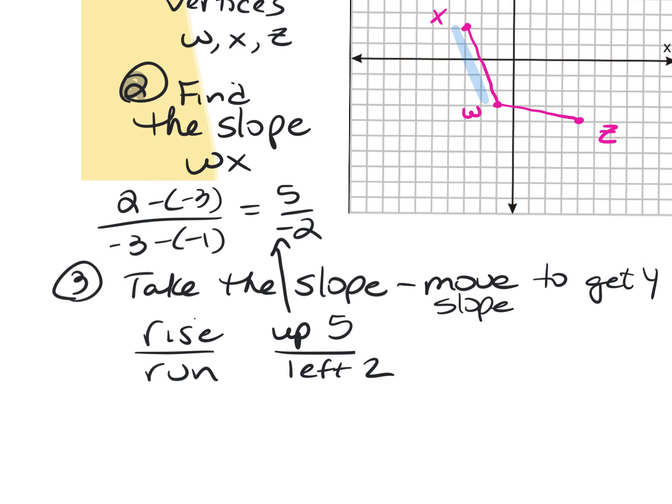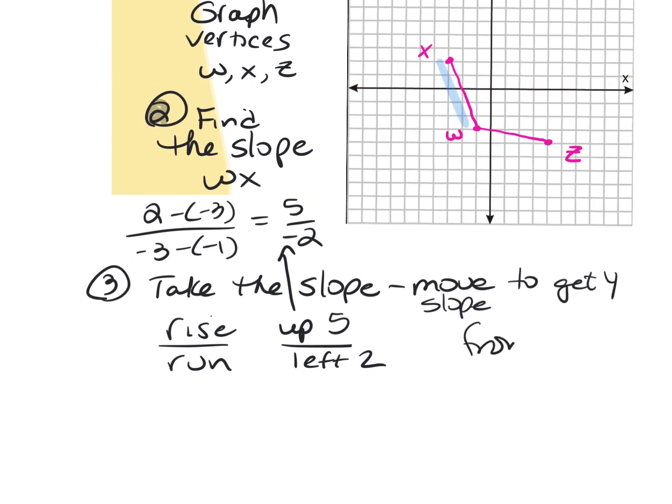And I'm going to move it from Z. So if I count up 1, 2, 3, 4, 5, and then run 1, 2, my ordered pair for Y is right here, and it's the ordered pair 2, 1.